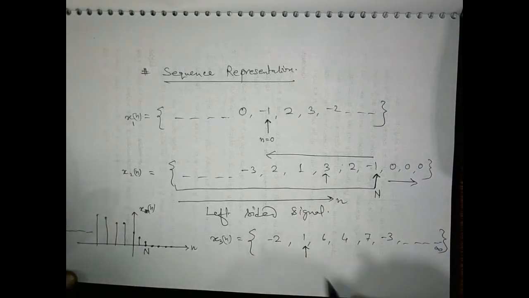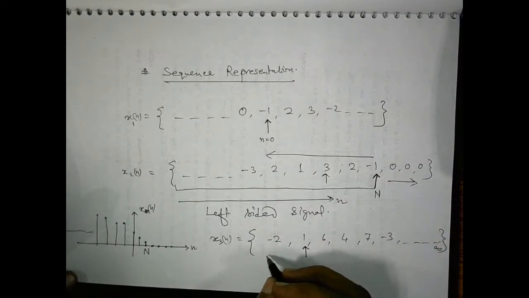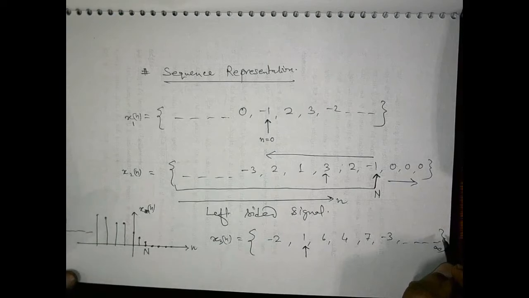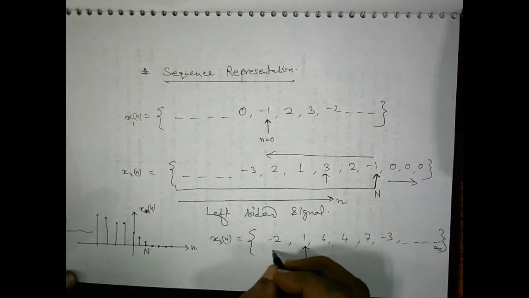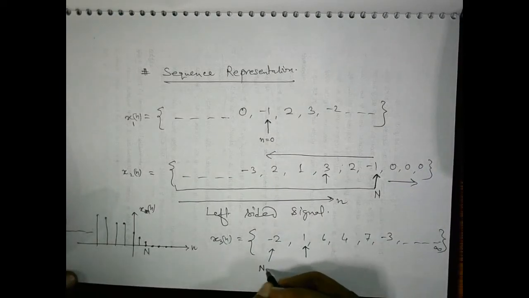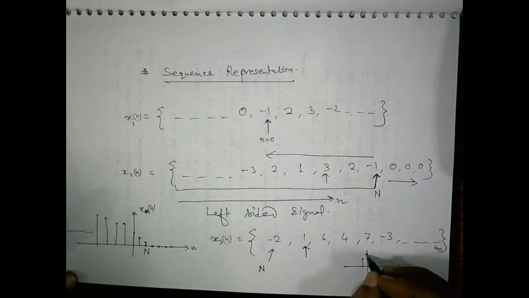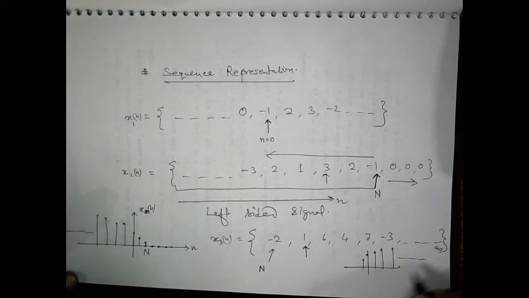This kind of signal is called a right sided signal, because it is endless at the right hand side of some sample value, say n. So a right sided signal can be drawn like this. This is a kind of right sided signal.